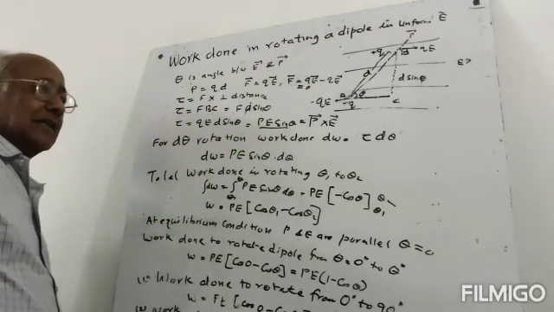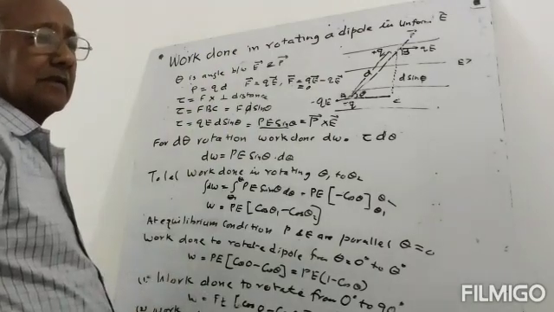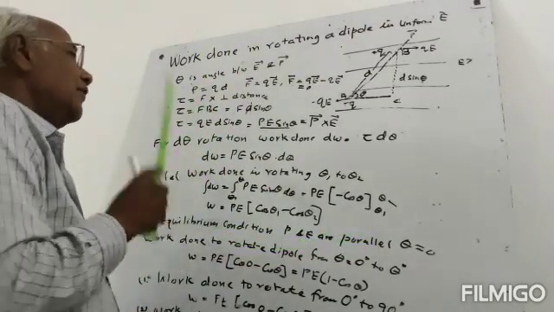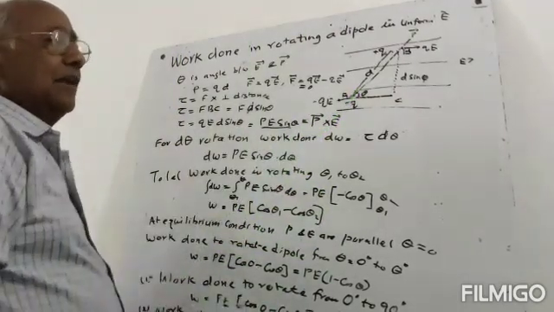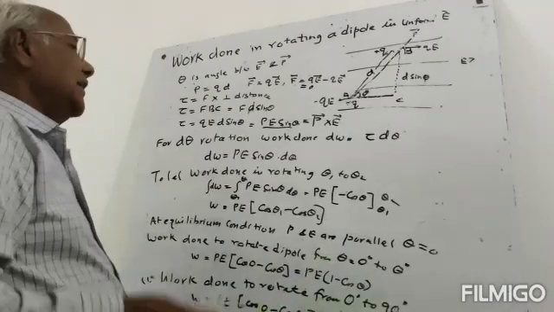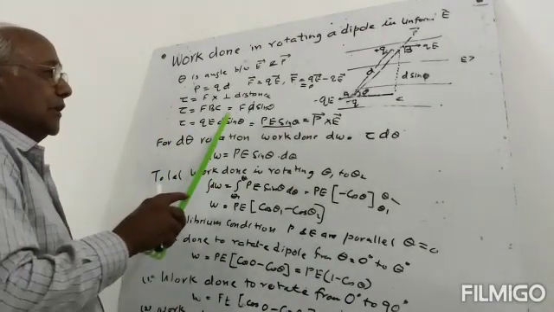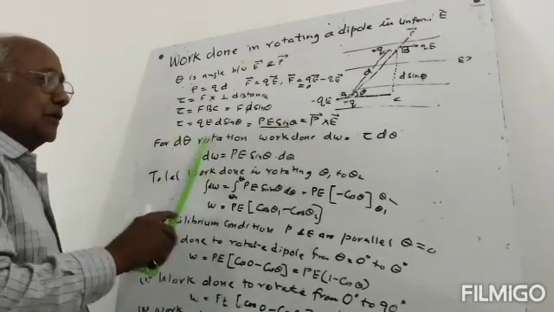Now, for translational motion, the work done is force multiplied by the displacement. But in rotational motion, to rotate any body, torque is required, and the work done will be equal to torque multiplied by the displacement, that is d theta, the angular displacement.